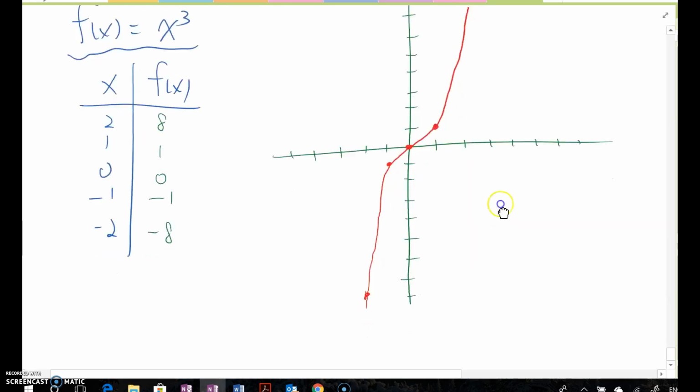Now what if I'm asking g(x) equal to x cubed plus 2 then? Based on the quadratic function, we may conjecture it moves up 2 units here.